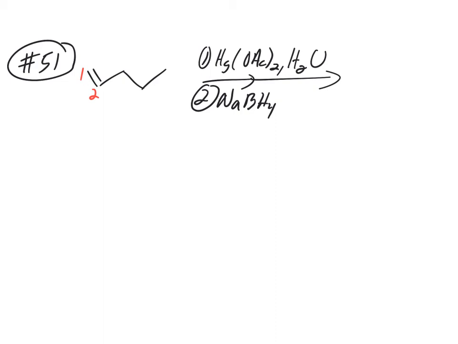So the mercury always gives us the alcohol in a Markovnikov fashion. So it gives us the Markovnikov product. Now, you don't need to know, right? I think sometimes we get bogged down in trying to know all the mechanisms. You don't need to necessarily know the mechanism here.